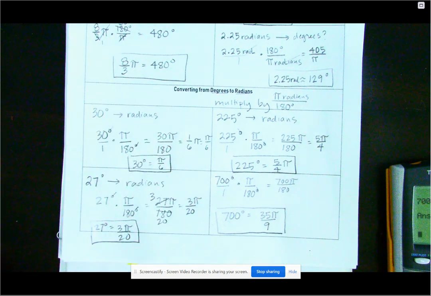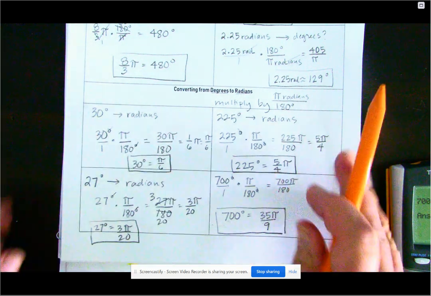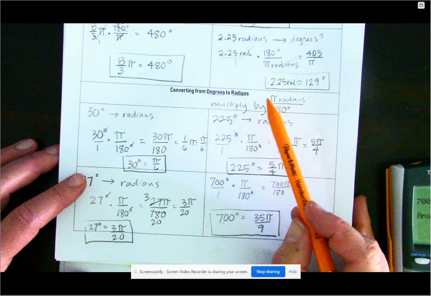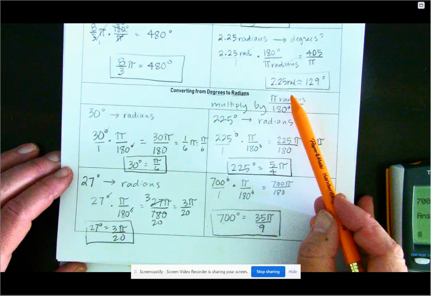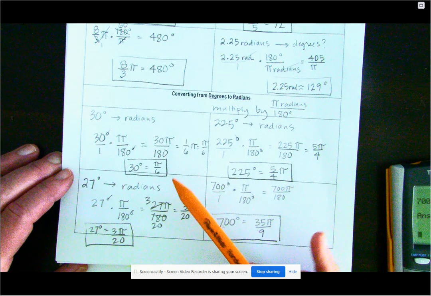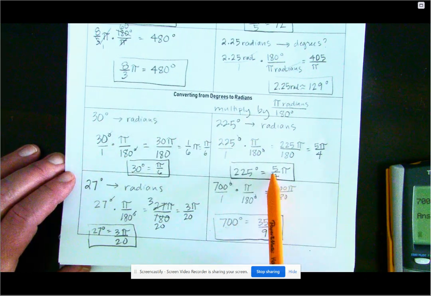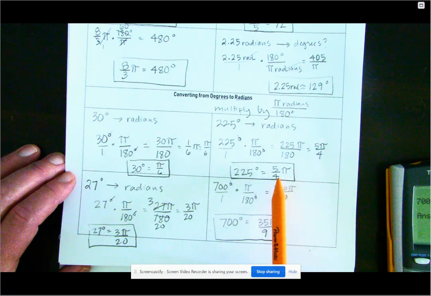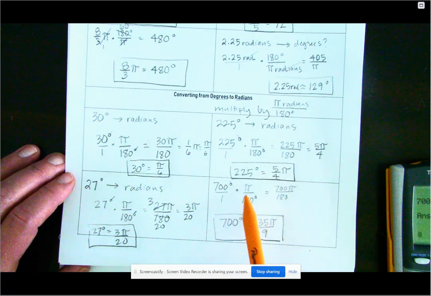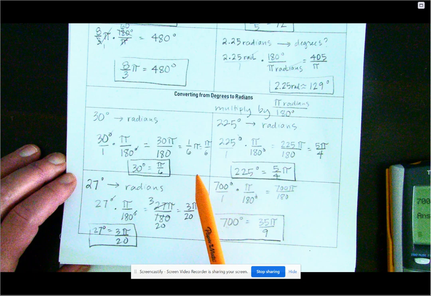As you're doing these, it's important to know what your desired unit is, the one you're trying to end in, and use the conversion factor with that unit up top. The simplifying fractions can get a little bit weird. We're keeping radians in terms of pi and in simplified form. We do not write it as mixed numbers. I heard Miss Moret say that in her notes earlier.